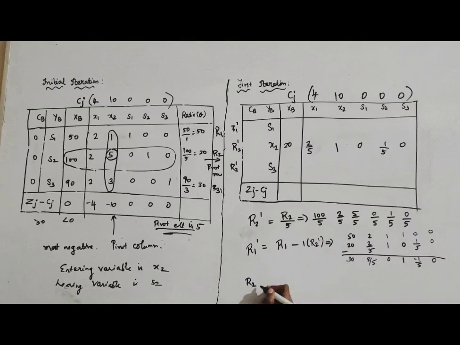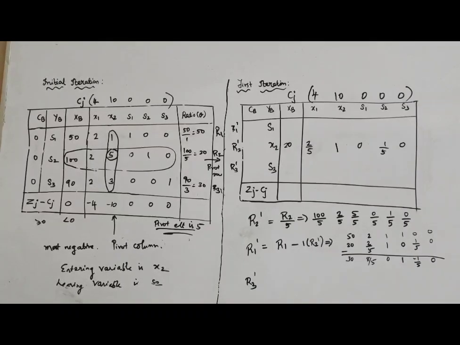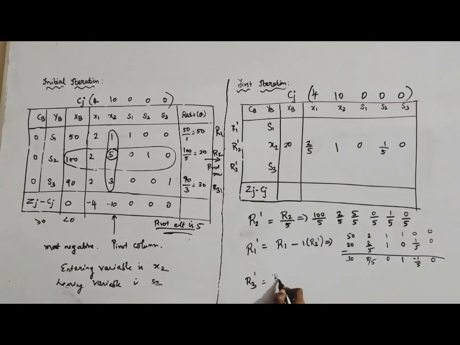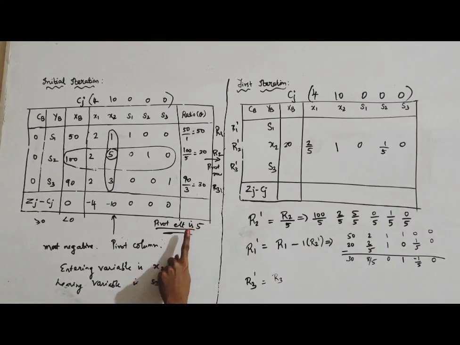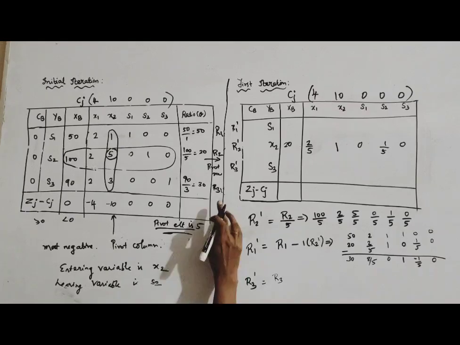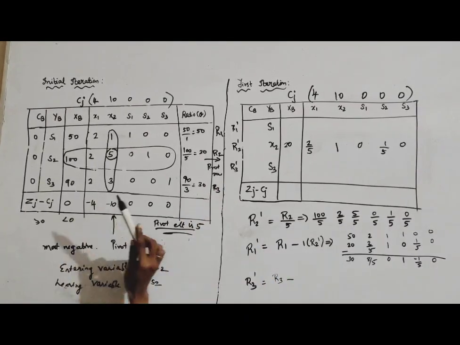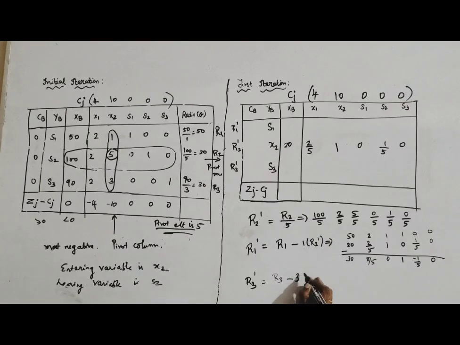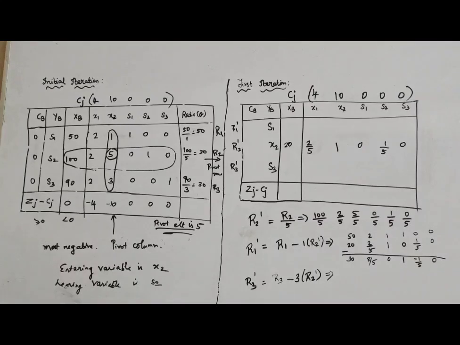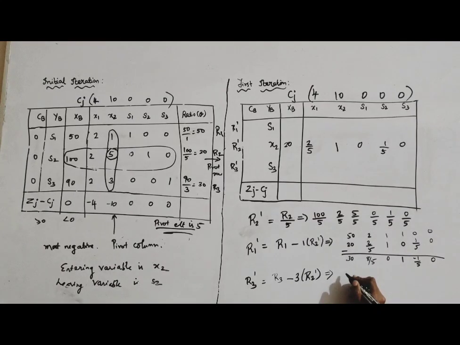Similar way, you have to find the R3 dash value. What is the R3 dash? R3 dash means old R3, that is R3 value minus its corresponding column coefficient, that is 3 into R2 dash. Okay. What is the R3 value, old one?